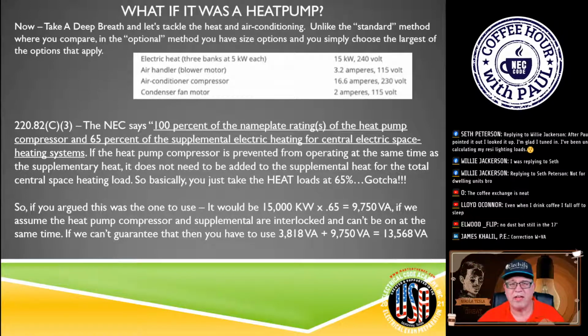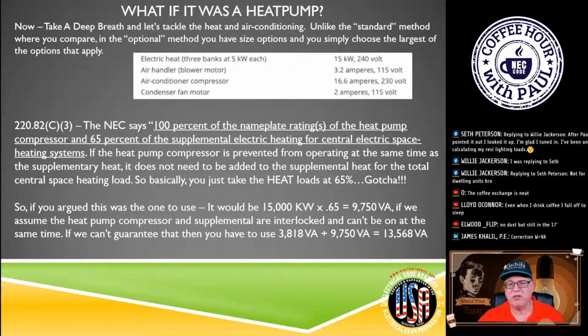Or in this case, we'll say it was, because we're just using a hypothetical here. If it was the heat pump compressor, I'm just throwing a hypothetical for you. And if that was the value, then we would take 100% of that, plus the actual value from the 65% of the heat, okay?